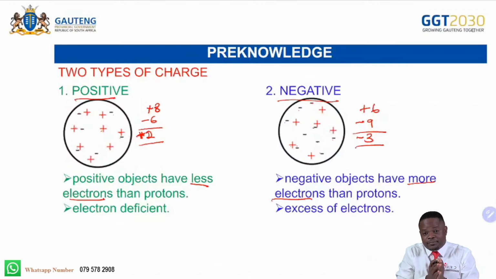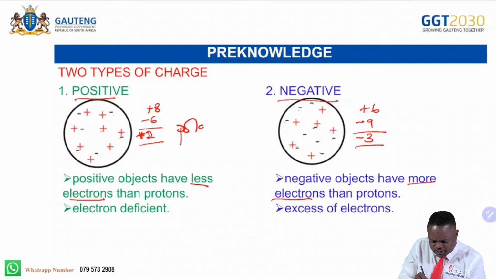I hope we remember that. And objects with the same charges experience repulsive forces. But also remember that if you bring a charged object close to a neutral object, you can still experience attraction as a result of polarization. I hope you remember that concept of polarization.